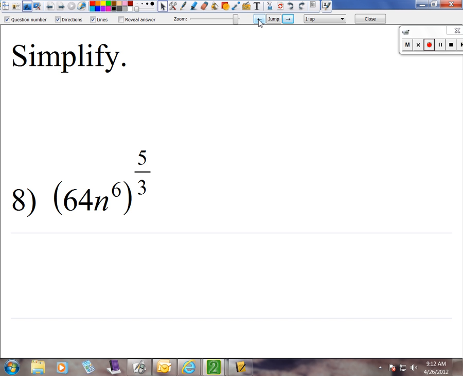This one has a power on it. I mean a power other than 1.